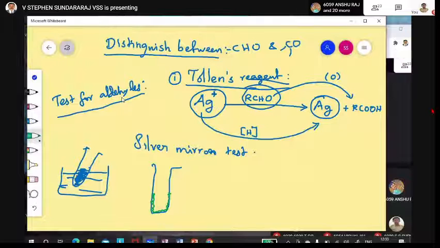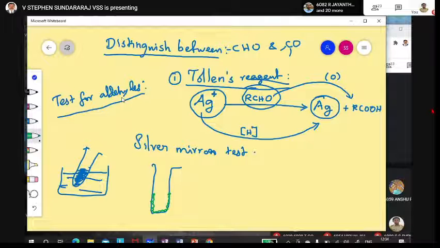That means the question comes: why is ketone not reacting? Write down the point. It is because Tollens reagent is a very mild oxidizing agent. It cannot oxidize ketone into carboxylic acid. Then again you will ask me, sir, why? Because in oxidation of ketone into carboxylic acid, as I told you just now, there is a need of breaking the carbon-carbon bond, which is very difficult.